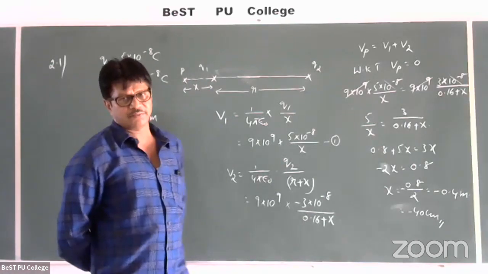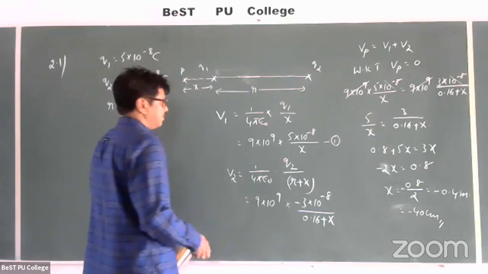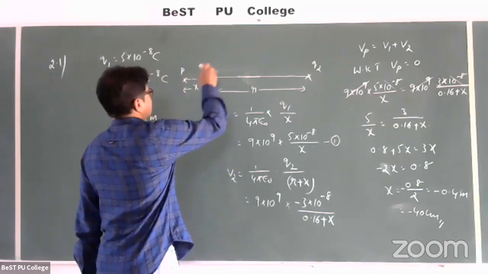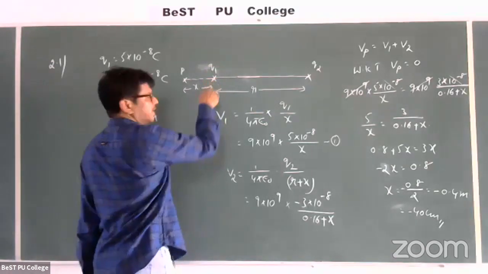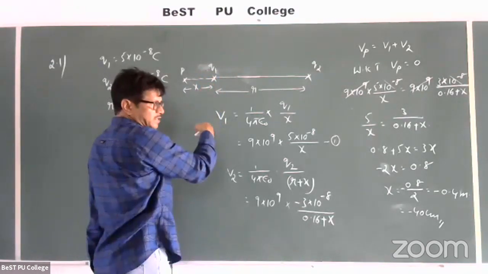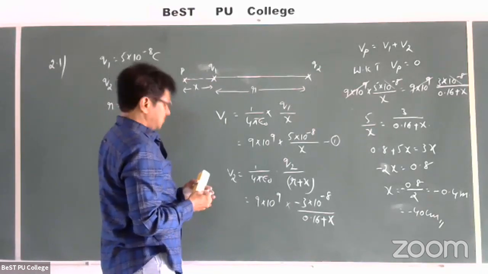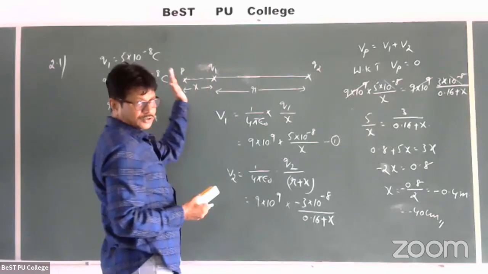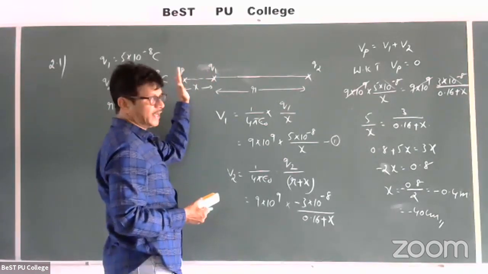Here minus symbol indicates that if I consider the position of Q1 as an origin, so left side of the origin, so left side of Q1 will be always negative value.